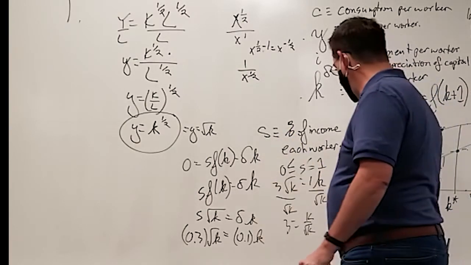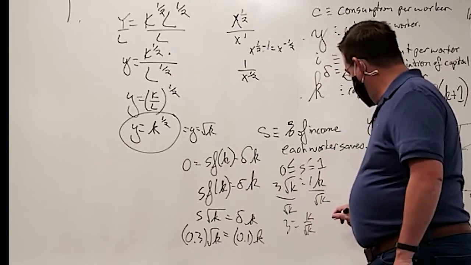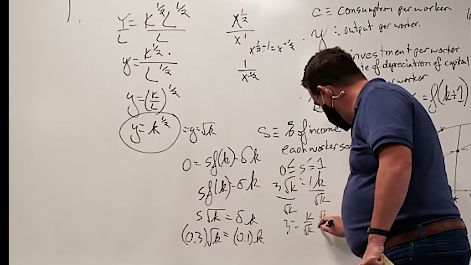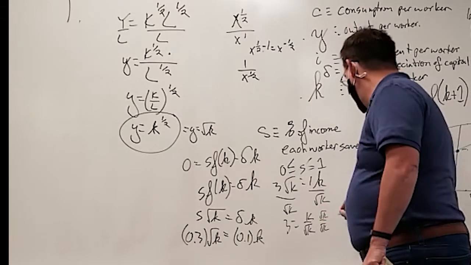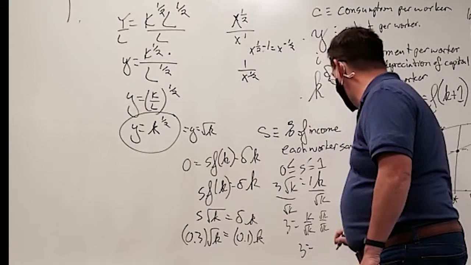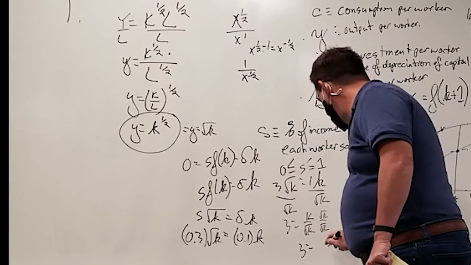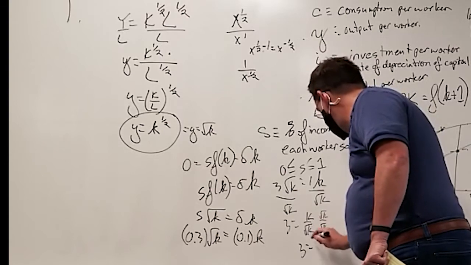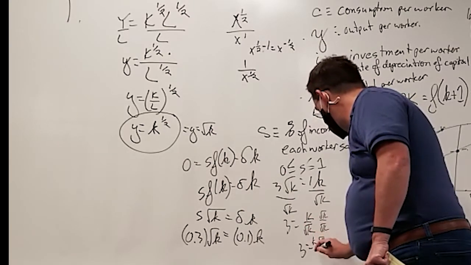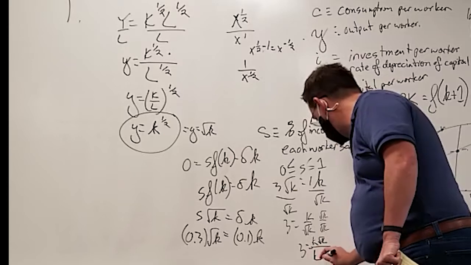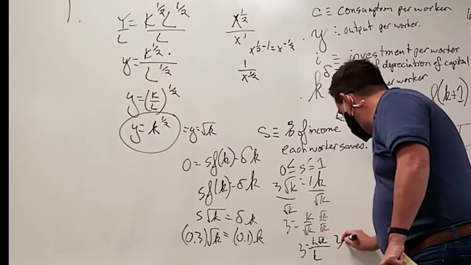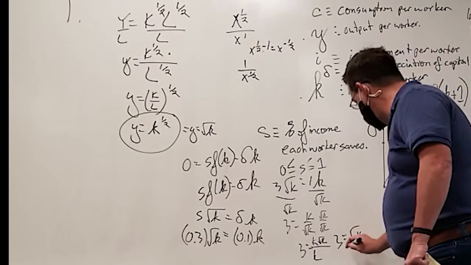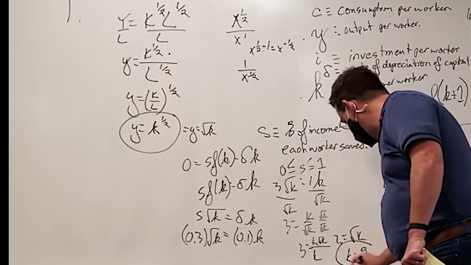Nope, I'm good. I can multiply this by square root of K over square root of K. I'm left with 3 is equal to K times square root of K over K. Square root of K times square root of K is equal to K. So I'm left with 3 is equal to the square root of K. And then if I square both sides, I find out that K is equal to 9.